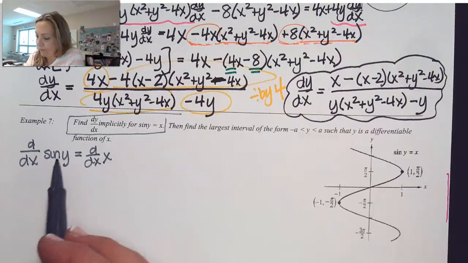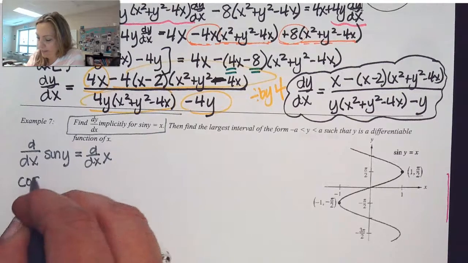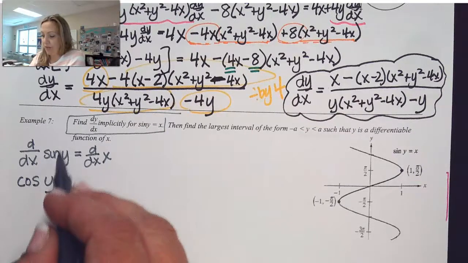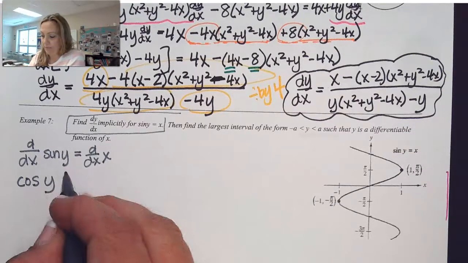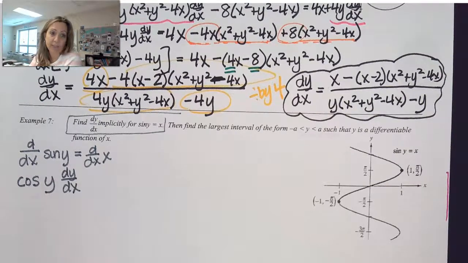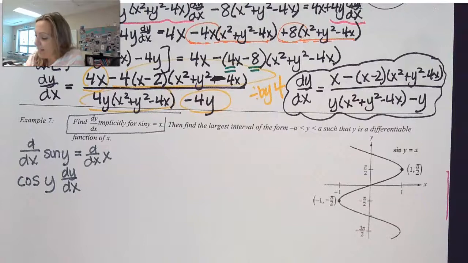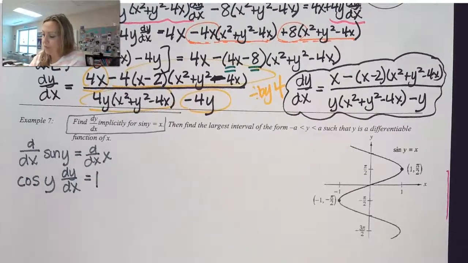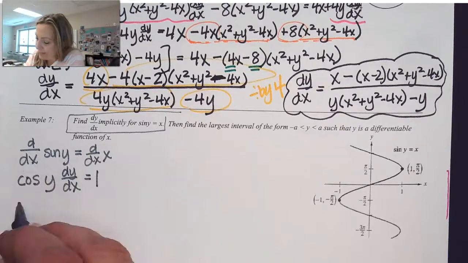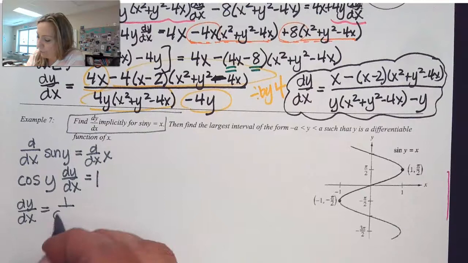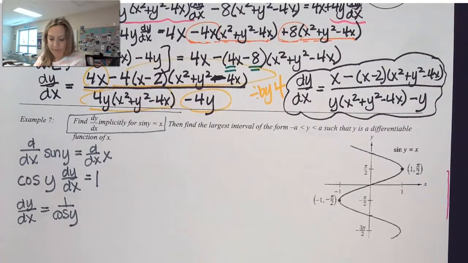Remember, the derivative of sine is cosine, but we also need to take the derivative of the inside function, which is just y, with respect to x. So that leaves you with cosine y dy/dx. And then the derivative of x with respect to x is just 1. So that means that dy/dx is going to be 1 over the cosine of y.